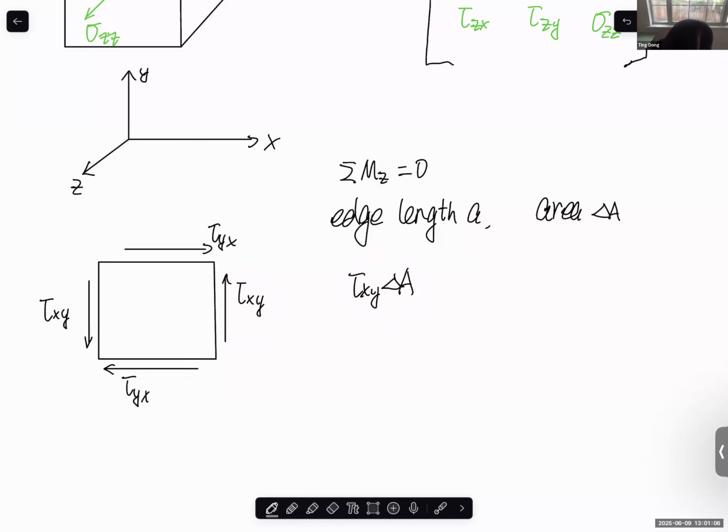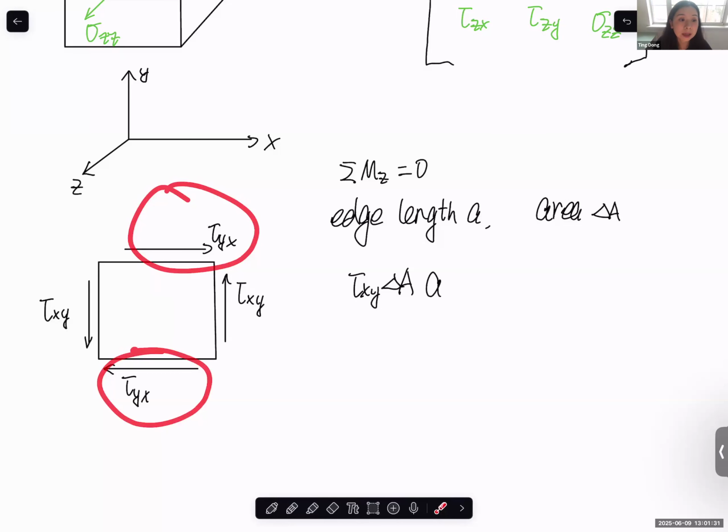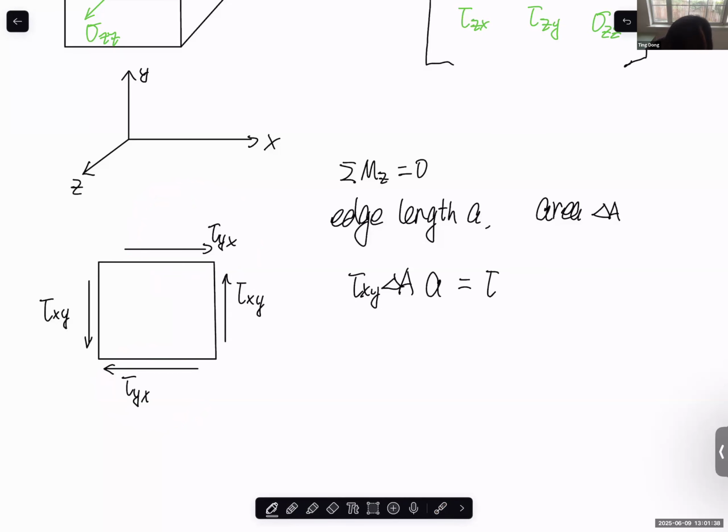This is a couple, so the distance between them is a, and this is the moment generated by this one and this one. Similarly, tau yx will generate a clockwise moment. The counterclockwise and clockwise moments should be the same, so that your whole cube will not rotate.